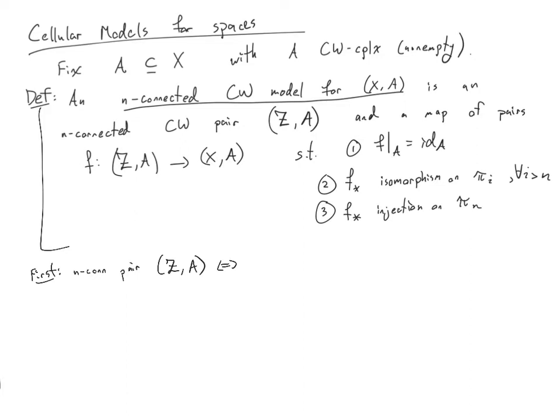And we can see that from the long exact sequence. So that means A into Z is a pi i isomorphism for i less than n and a pi n surjection.